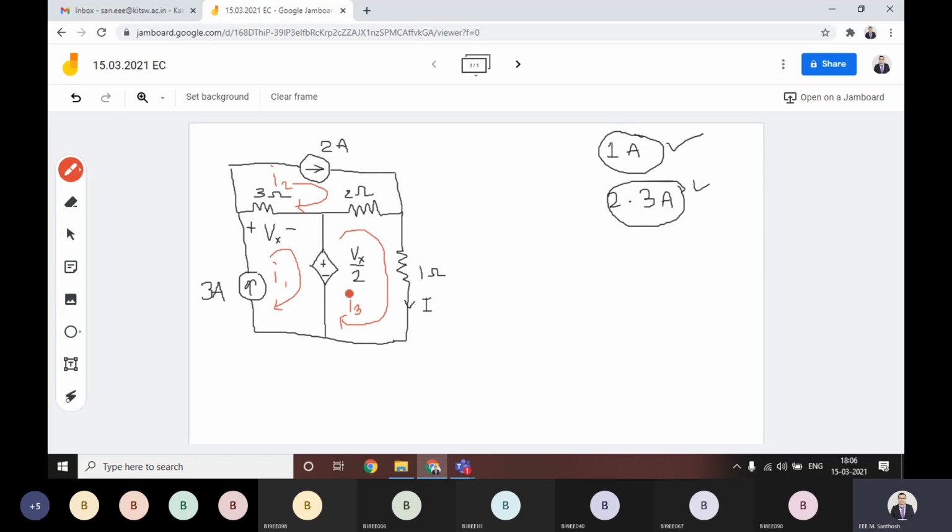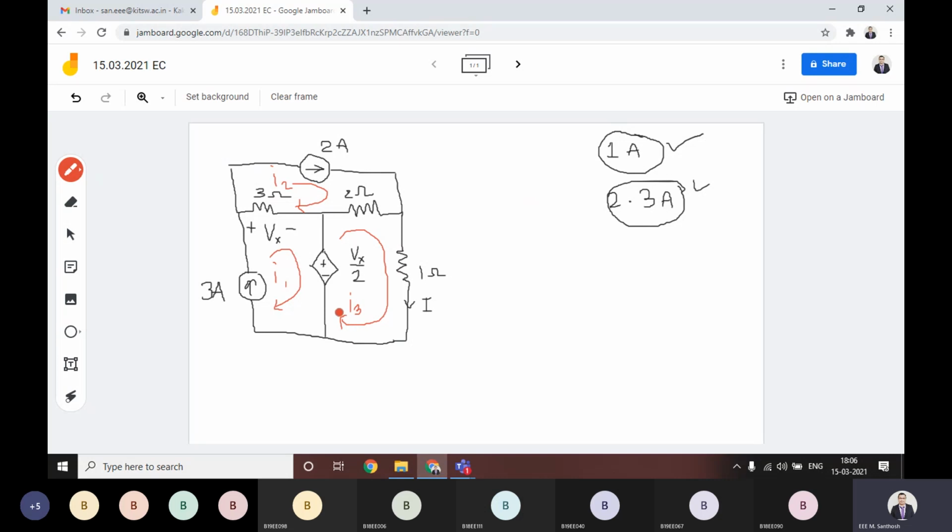But every time you can't solve with mesh analysis only. For simplicity, if you want to solve this kind of complex problem, you can use both KCL and KVL. The complexity is that you will get 3 equations when applying only mesh analysis, and you have to solve all those equations.